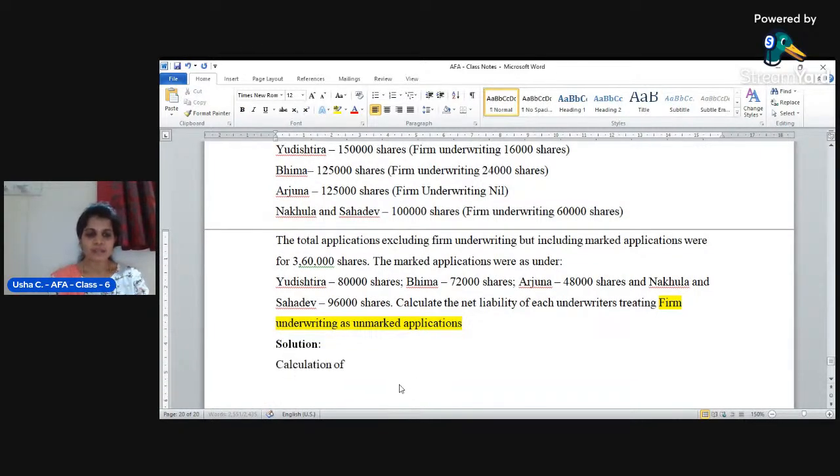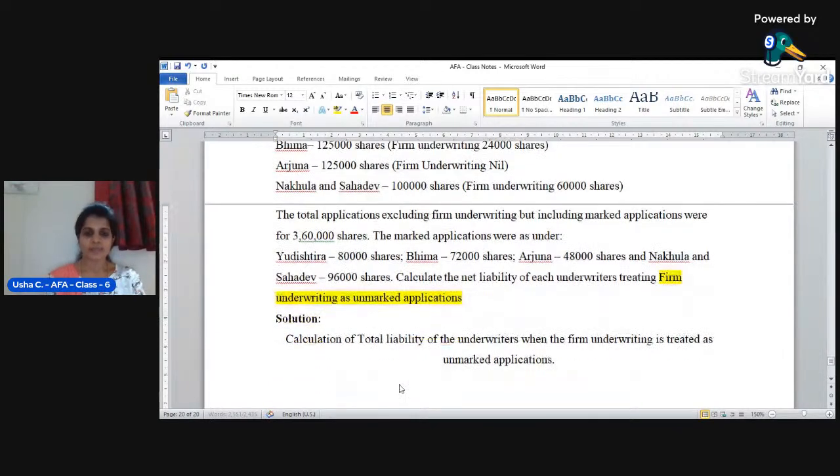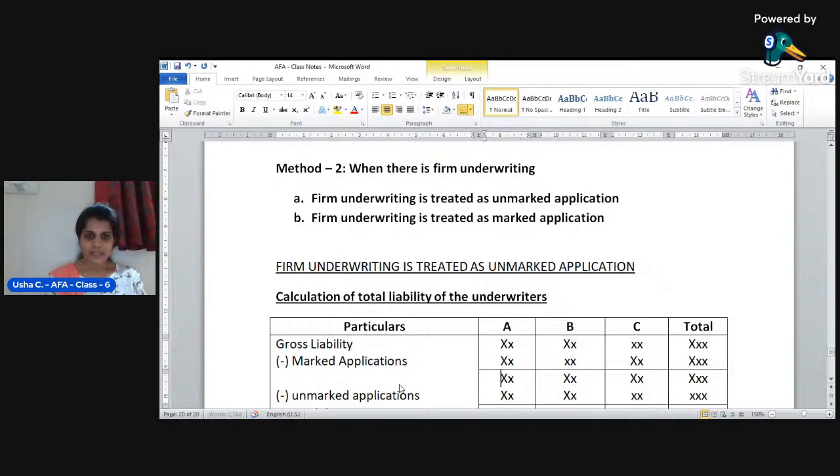Calculation of total liability of the underwriters when the firm underwriting is treated as unmarked applications. I'll copy the format.